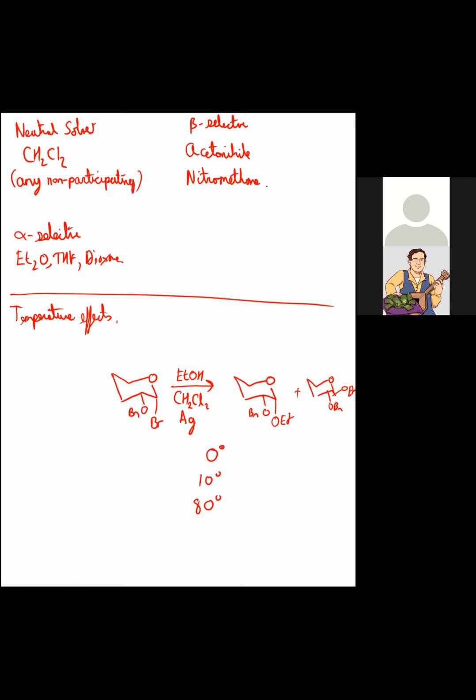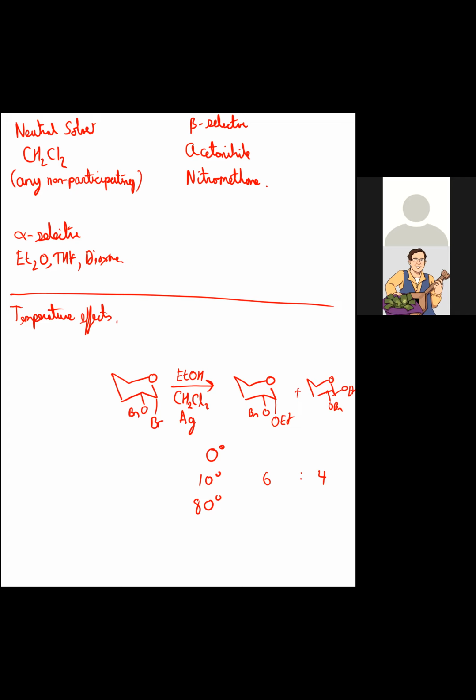And okay, let's say I give you a ratio at 10 degrees and it is 64. Okay. So, if we get hotter than that, are we going to increase the ratio of alpha or the ratio of beta?